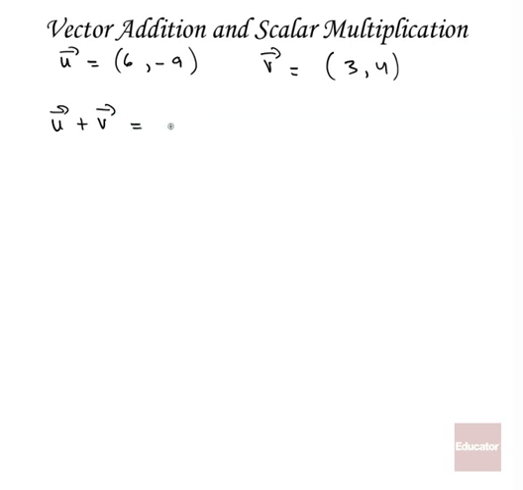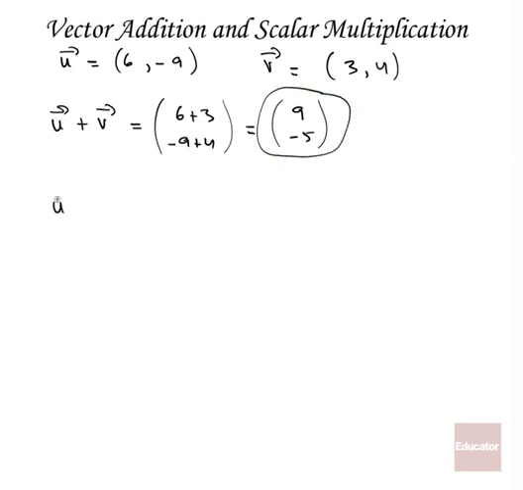That's equal to, I'm going to write this as a column matrix, 6 plus 3 is 9, and -9 plus 4 is -5. So our u plus v is that vector.